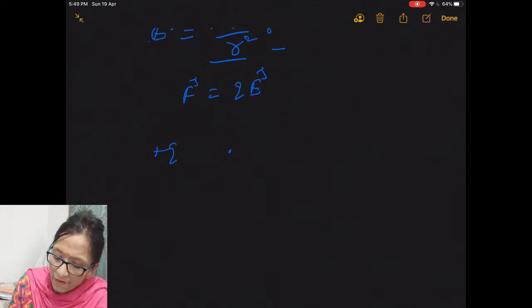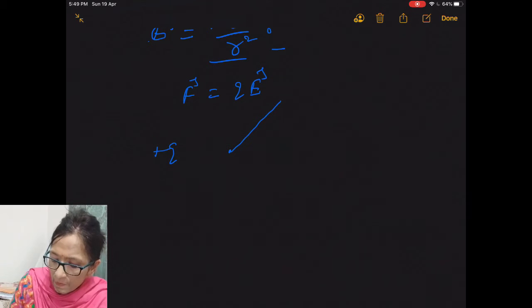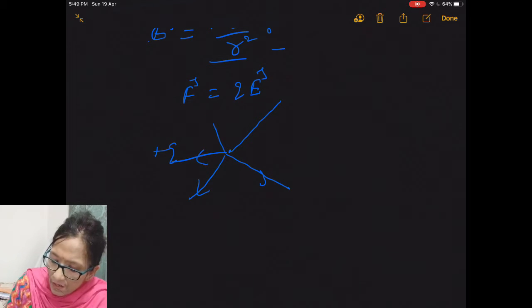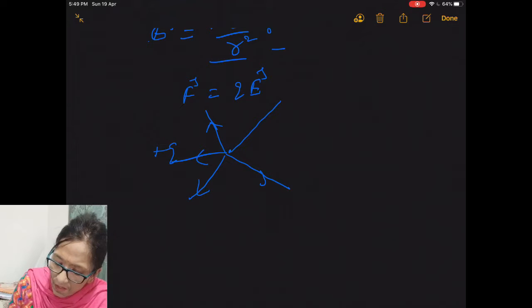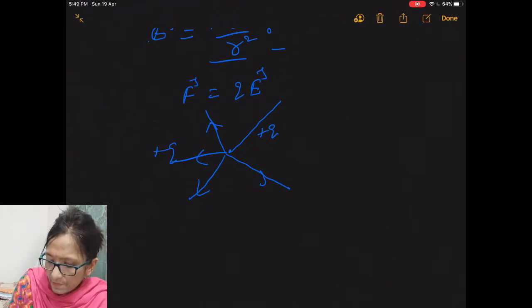And we have already learned that for a positive charge, these lines of force are radially outward. What does this mean?